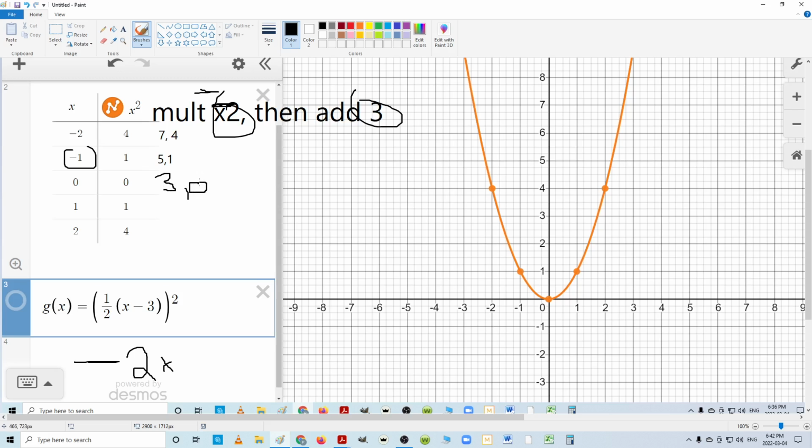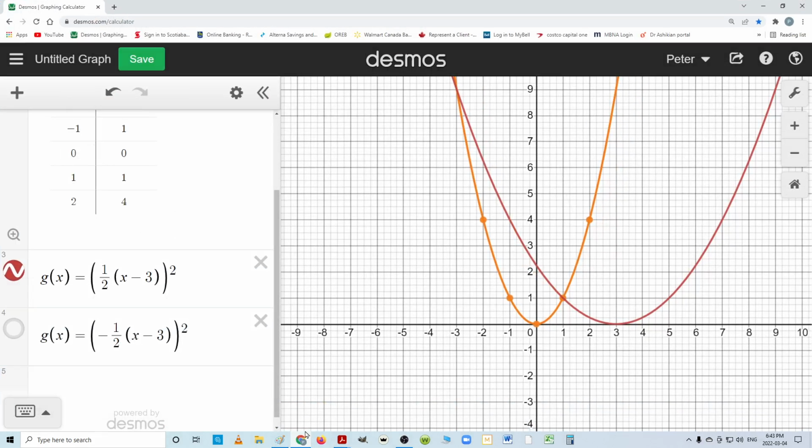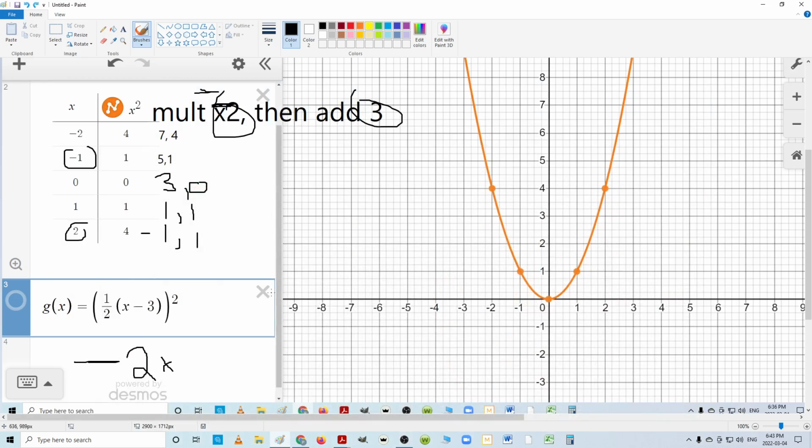It's 3, comma 0. This one here is minus 2, and when I add 3 to it, it becomes 1, comma 1. This 2, when I multiply by negative 2, becomes negative 4, and when I add 3 to it, it becomes negative 1, comma 1. Now you're going to see something weird here. Okay. So now I'm going to plot that. So I'm going to get 7, comma 4.